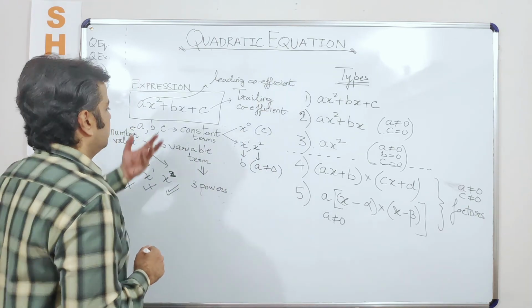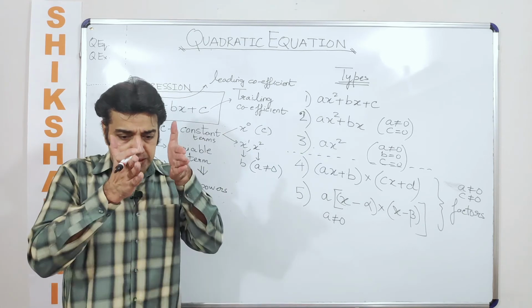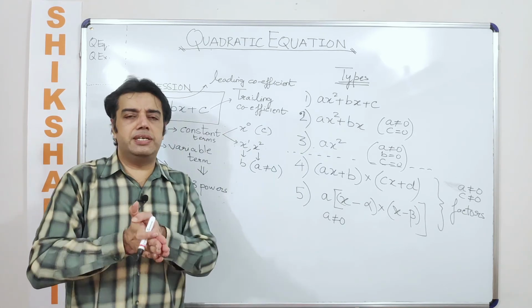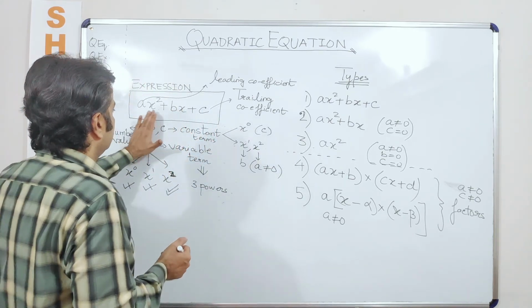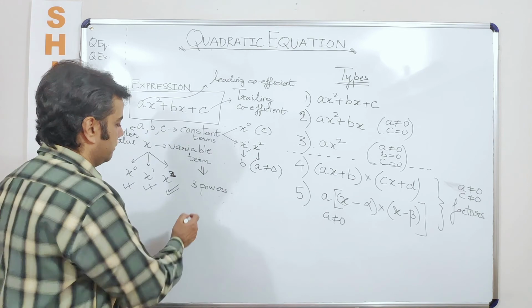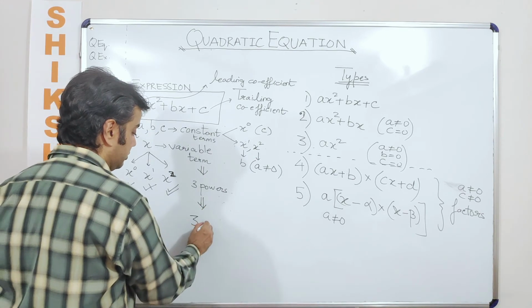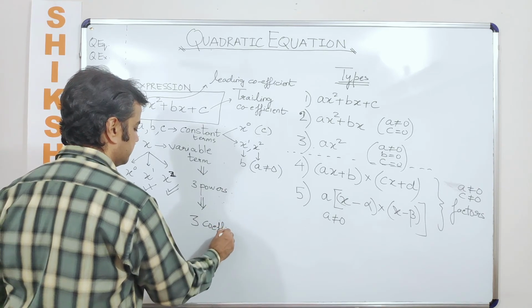Now once you know this, what about B? B doesn't have any specific name, but you can always say B is an in-between coefficient, interim, intermediate or whatsoever, but it doesn't have a technical name here. And how many coefficients do we have here? 3 coefficients. So these 3 powers would decide how many coefficients of various powers of x? 3 coefficients.